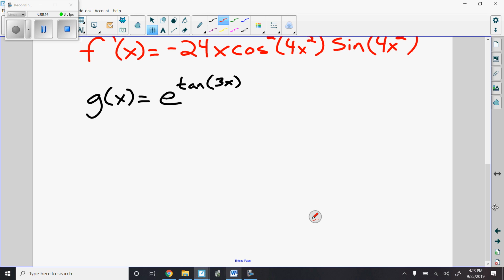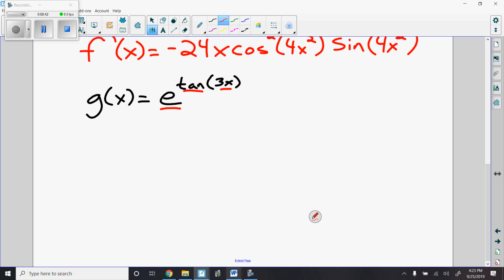So once again, 3x is my innermost function, followed by tangent, followed by e. e being my outermost function here. So again, in my f of g of h of x, f of x would be e to the x, g of x would be tangent of x, and h of x would be 3x. And f of g of h of x would be e to the tangent of 3x.